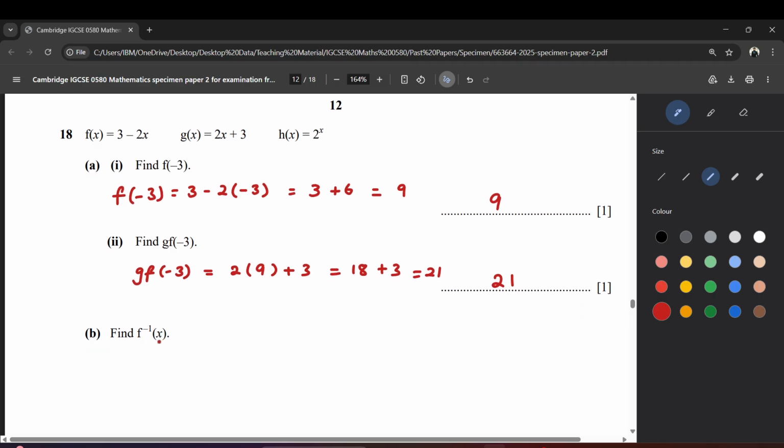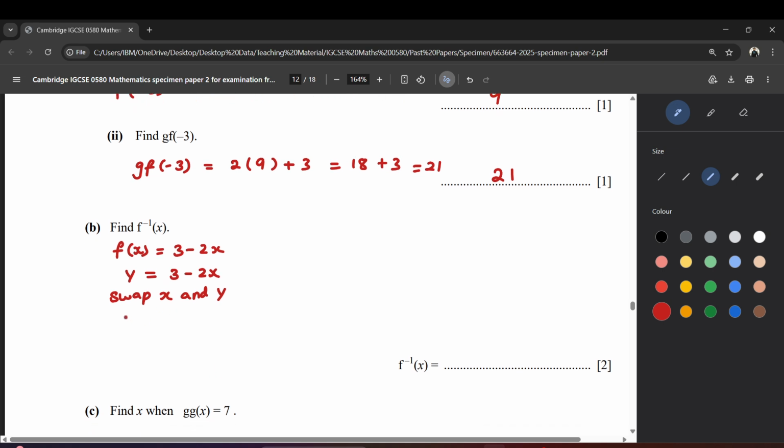Find f inverse of x. Now the question that's given to us is f of x equals 3 minus 2x. Let me write this in the form y equals 3 minus 2x. Now what we're going to do is swap x and y. So x is equal to 3 minus 2y. Now you're going to make y the subject of the formula.